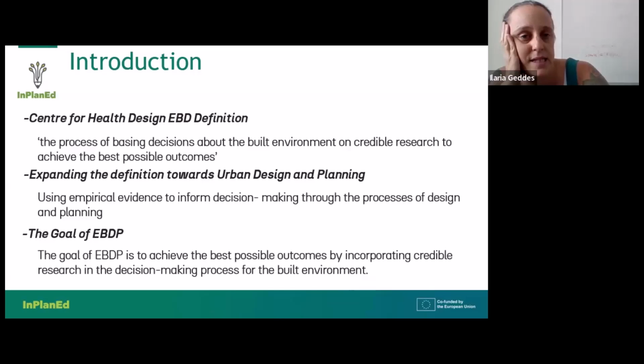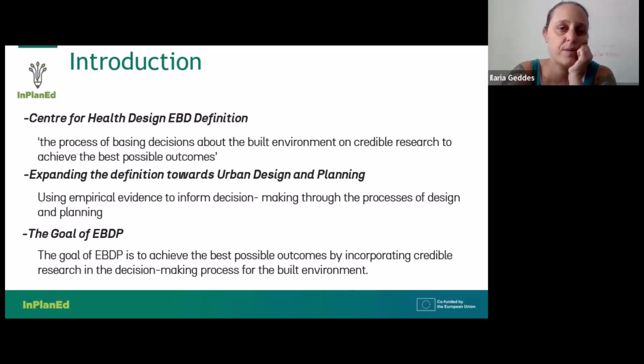So the Center for Health Design definition of evidence-based design is the process of basing decisions about the built environment on credible research to achieve the best possible outcomes. In their case, it's health outcomes that they're talking about. The definition was expanded towards urban design and planning to apply to the whole of the design field.